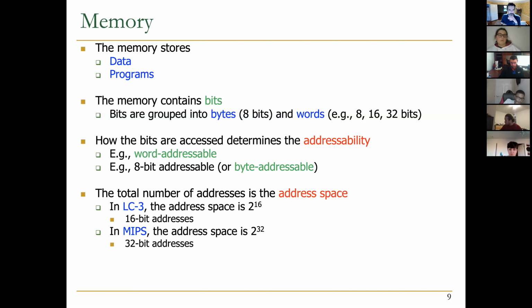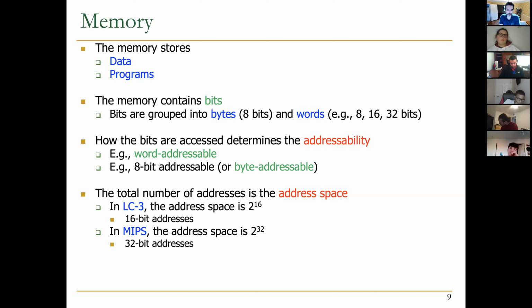In MIPS, we have 32-bit addresses, and the total size of the memory is 2^32, which is 4 gigabytes, right?